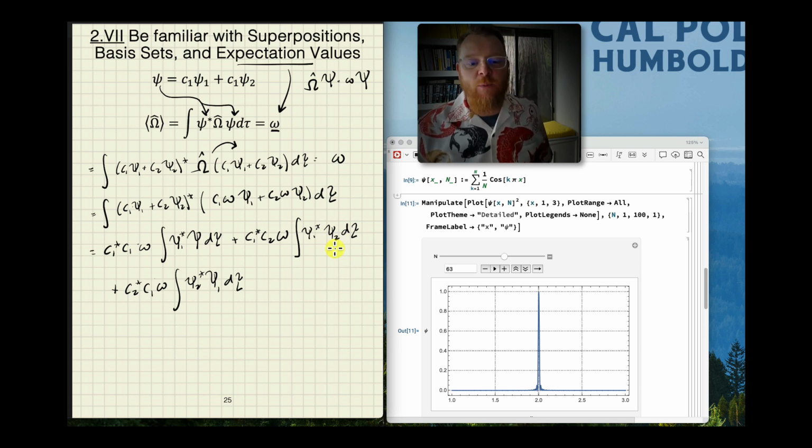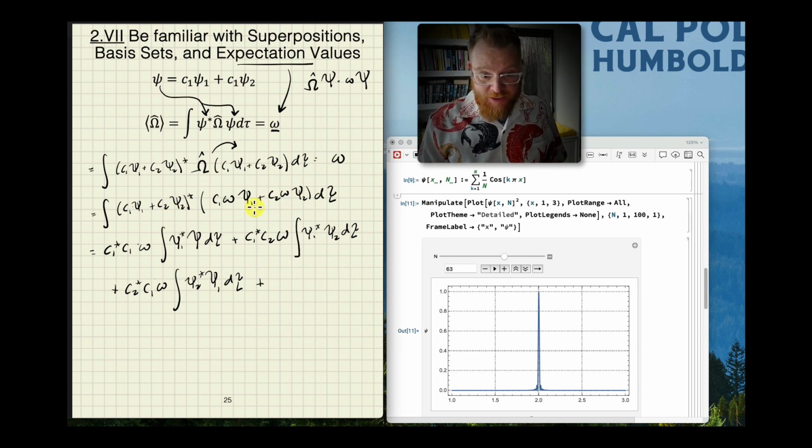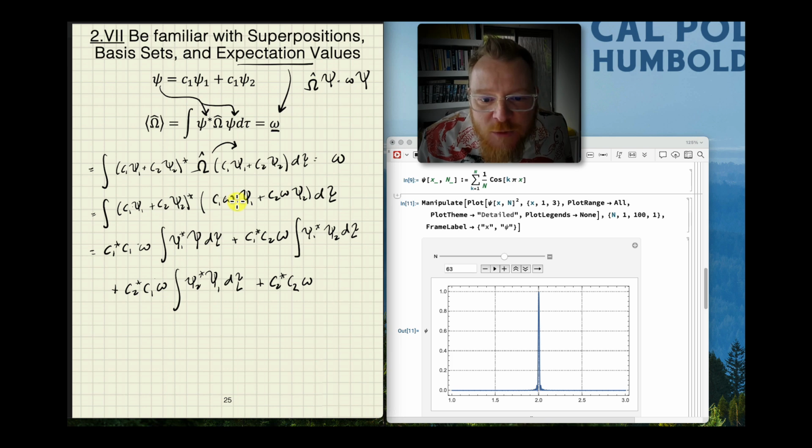And finally, we can do our last term, the C2s times the C2s. That's going to be C2 star times C2 times little omega. I realized I should probably indicate that that's 1 and that's 2, so let's make sure I've got all of that in there. That one should be 1.